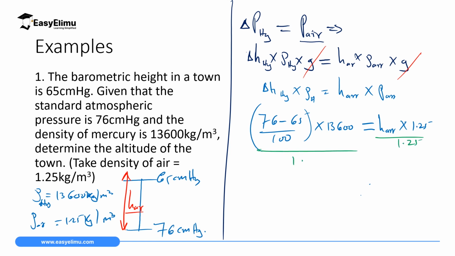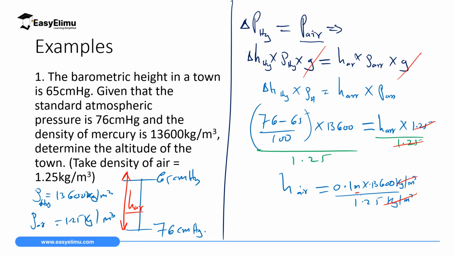You divide by 1.25, and height of air, which is the same as height of the mountain, is going to be 0.1, because 76 minus 65 is 10, divided by 100 is 0.1 meter, times 13,600, then you divide by 1.25. 13,600, remember, is in kgs per cubic meter, and this one is also in kgs per cubic meter. So kgs per cubic meter will cancel in both sides, and our answer will remain in meters.